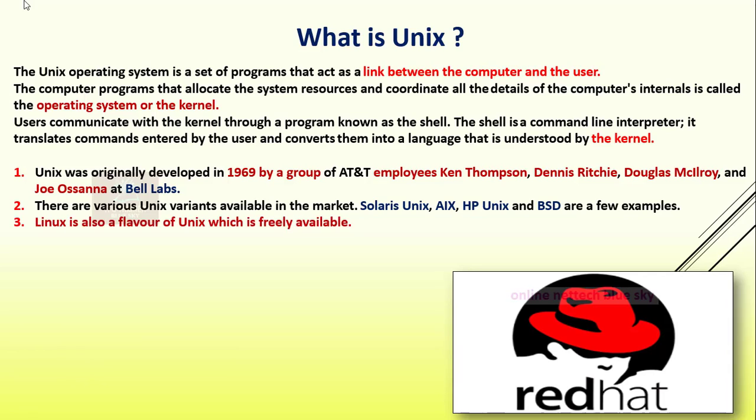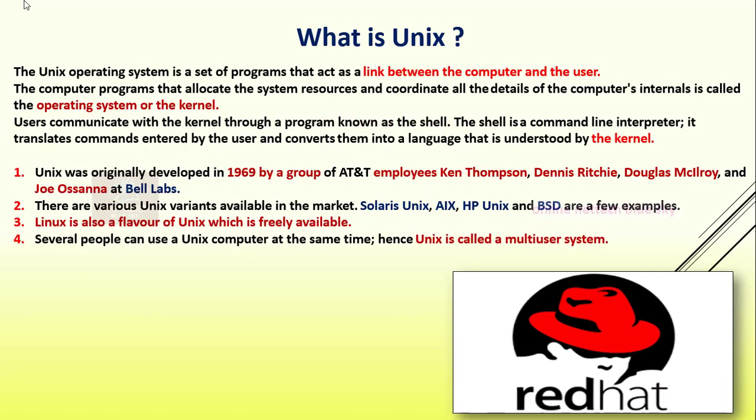Linux is also a flavor of Unix which is freely available. It is not payable; it is a freely available Unix-like operating system. You do not purchase it or pay money.